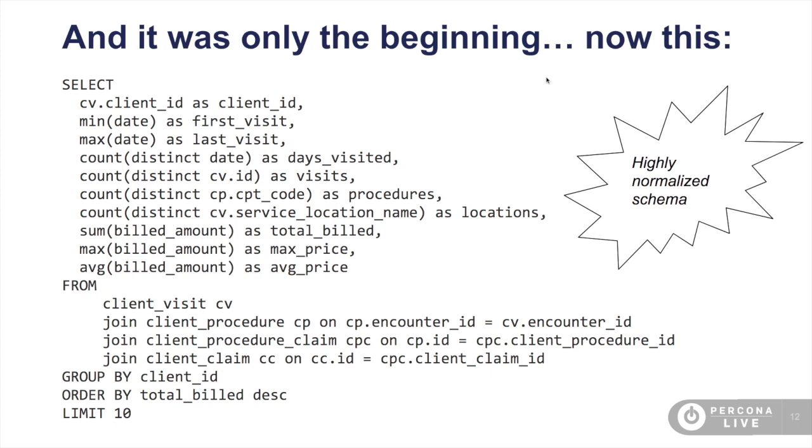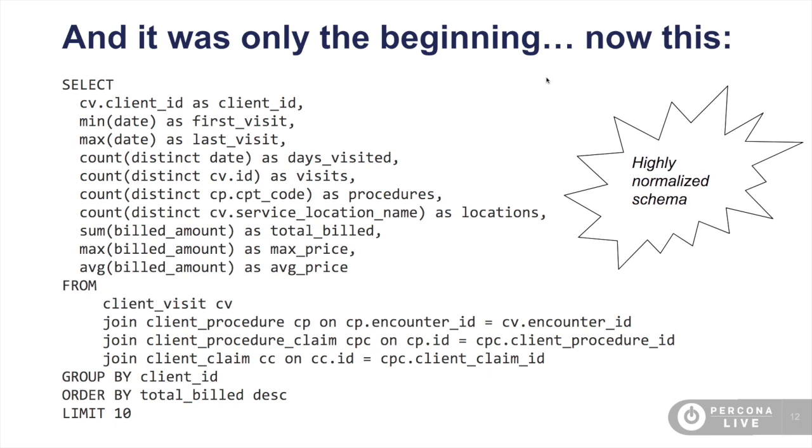Then what complicates this is that if we're looking for financial information, the money information, we will need to join the client claim table. A claim is basically the bill, the medical bill.